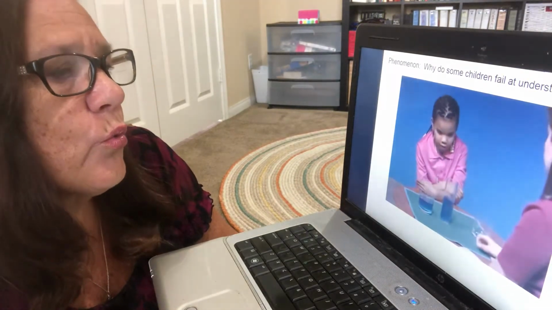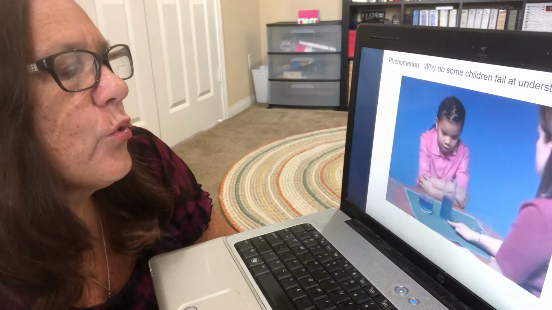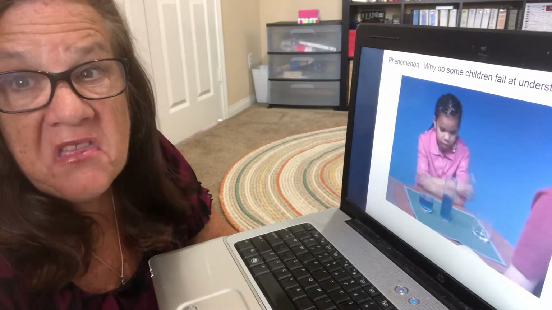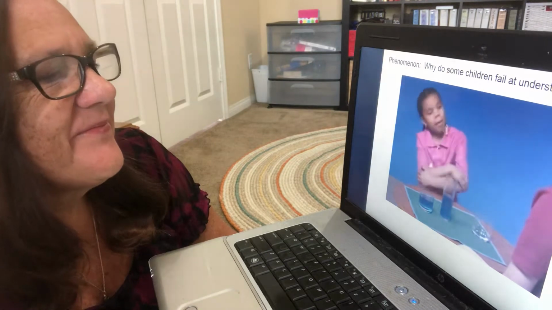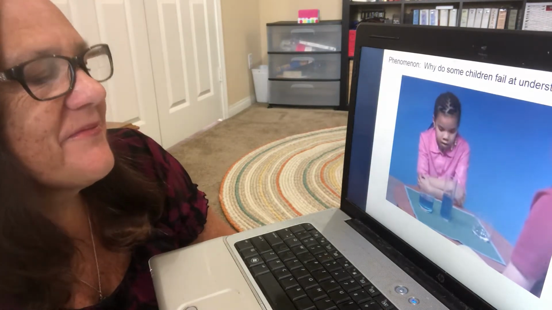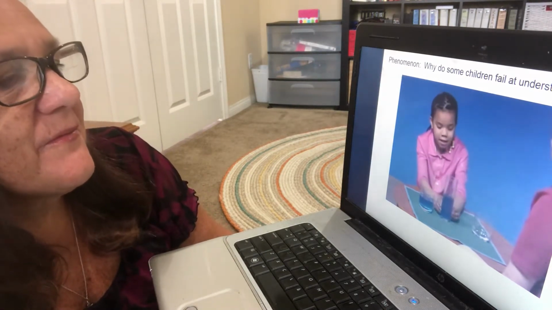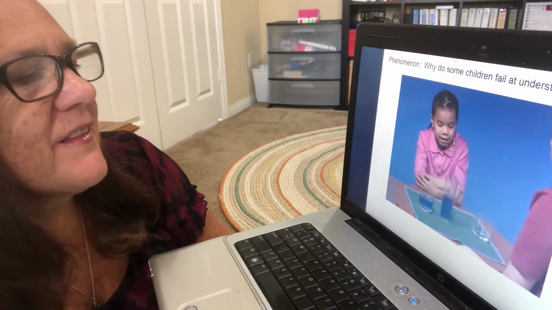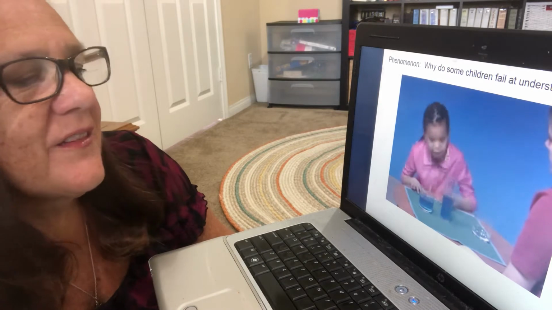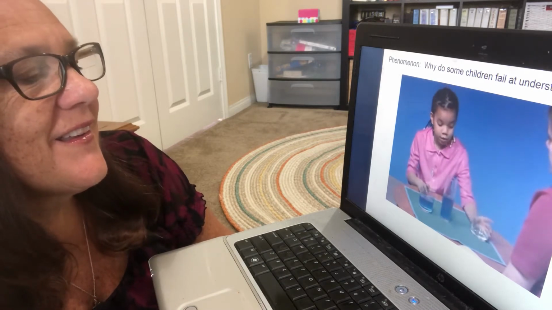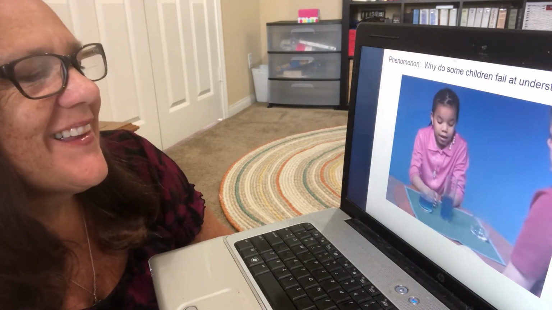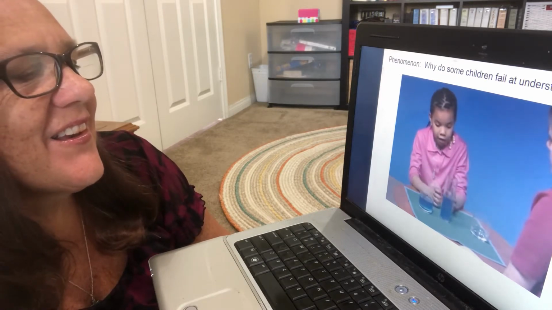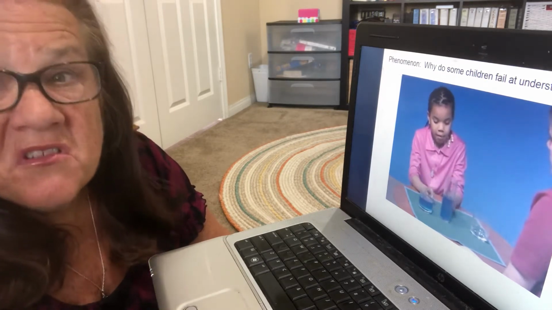So do you think that there's more juice in this glass, more juice in this glass, or do you think that they have the same amount? Same amount. Okay, why do you think that they have the same amount? Just because this is skinny doesn't mean it's not the same amount. It has the same amount of juice in it, but this one is just wider and this one's skinnier. Future scientist.